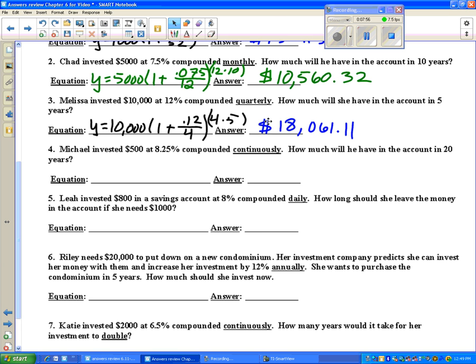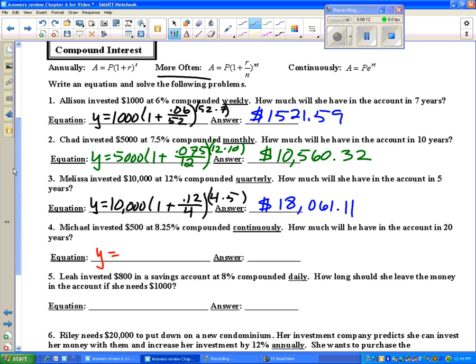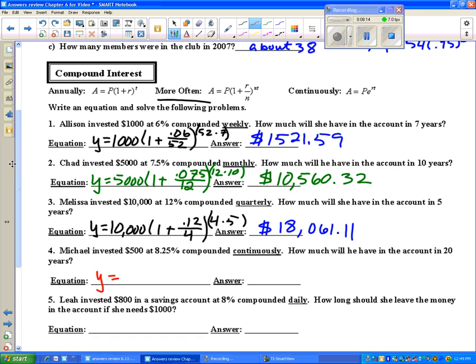$18,061.11. Number 4, Michael invested $500 at 8.25% compounded continuously. How much will he have in the account in 20 years? All right, so we're going to go Y equals. This is continuous, so I'm going to use PERT, P times e to the rt.